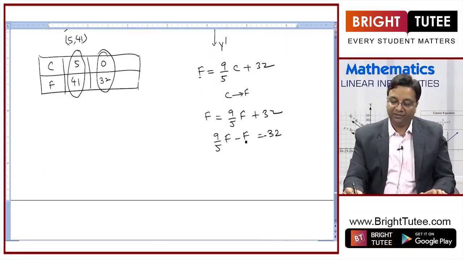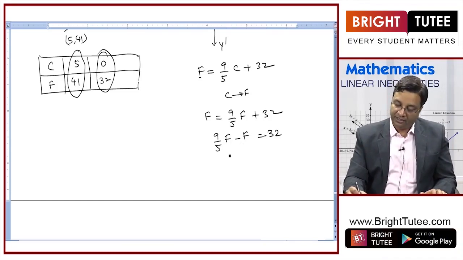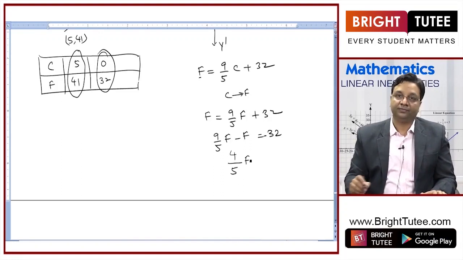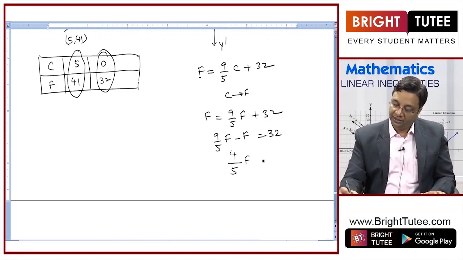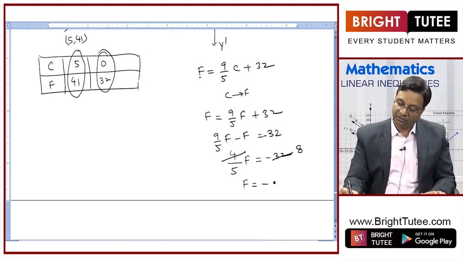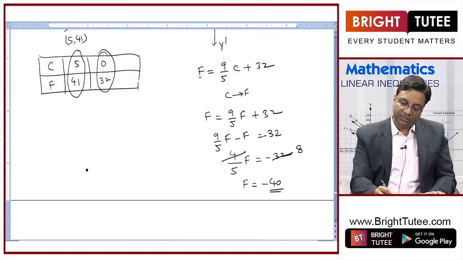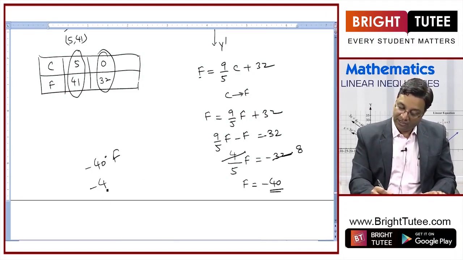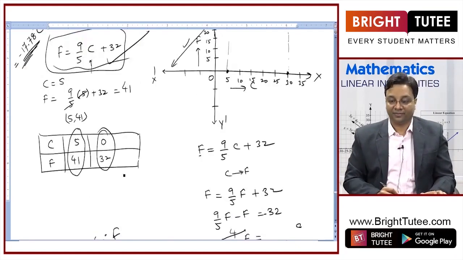What is 9 by 5 F minus F? It is equal to 4 by 5 F, right? And it is equal to minus 32. 4 8s are 32. So F is equal to minus 40. So it is minus 40 Fahrenheit and also minus 40 Celsius.